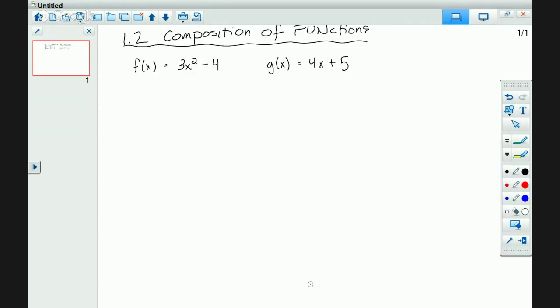What's that? There are lots of ways to throw those together. We can add them.